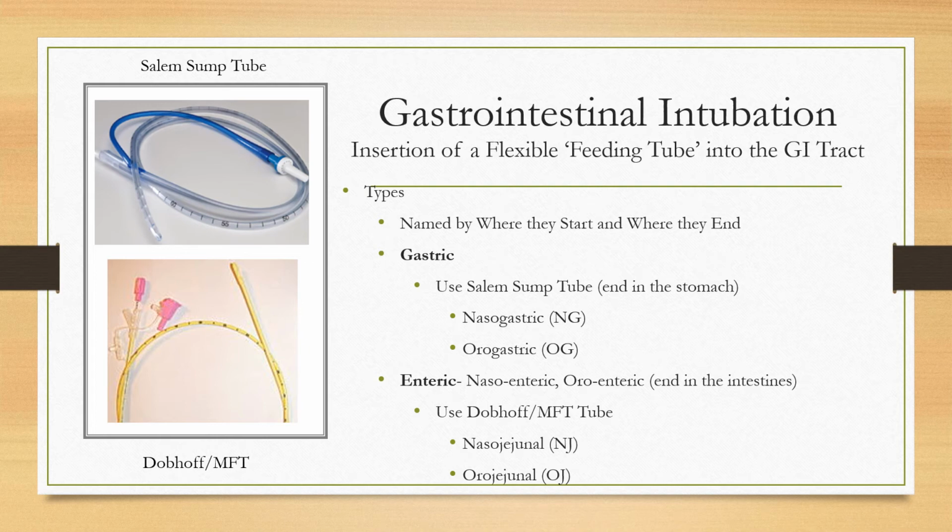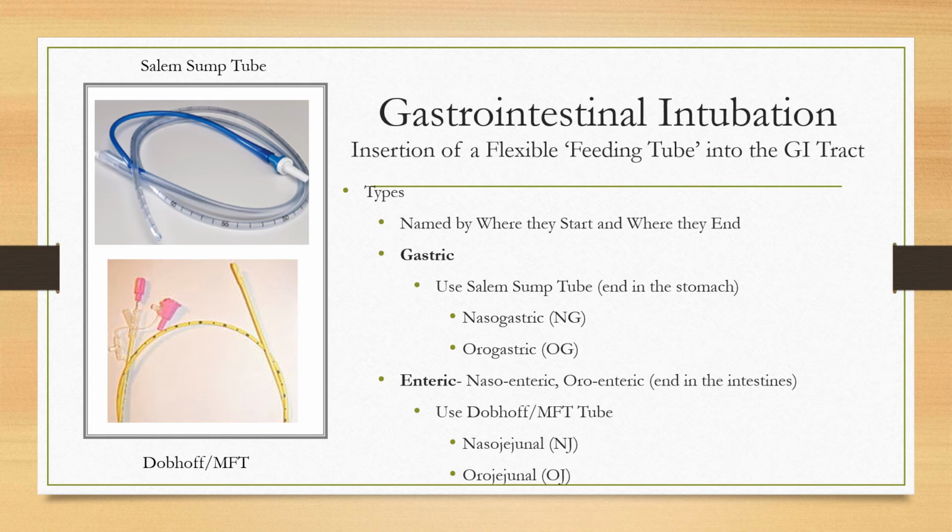I would try not to get too confused with these because basically you can feed through a nasogastric tube, you could feed through an orogastric tube, or one of these enteric tubes that starts in the nose or the mouth and ends in the jejunum. So we'll call them nasojejunal or orojejunal, okay?